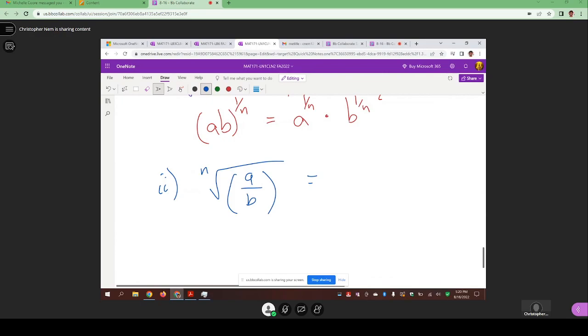Well, this is simply going to be the nth root of A divided by the nth root of B. Why is that true? Let's go to the exponential world. This is the same thing as saying A over B raised to the 1 over n. And that's the same thing as saying A raised to the 1 over n over B raised to the 1 over n. It checks out nicely.